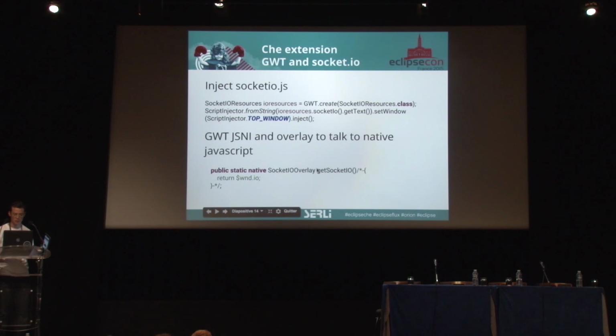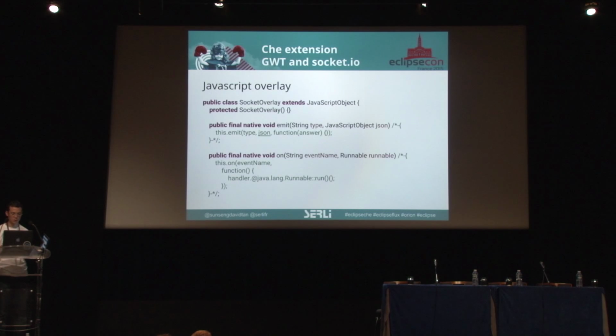So Socket.io overlay will be used as normal Java classes. An example of an overlay has to extend the JavaScript objects, and for all the methods that you can use, you code a JavaScript method and do the mapping this way. So this was the hardest part.